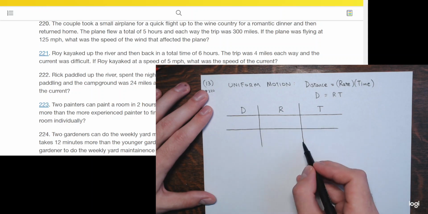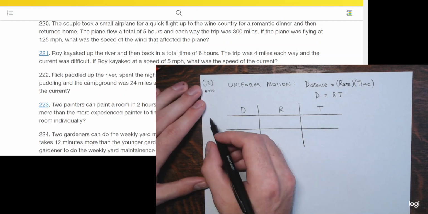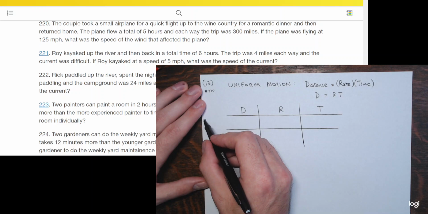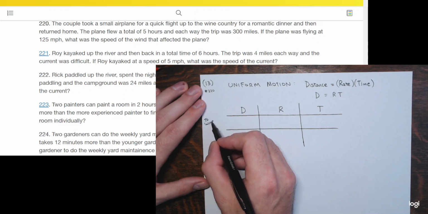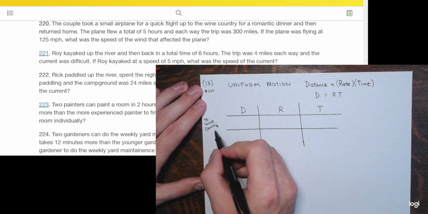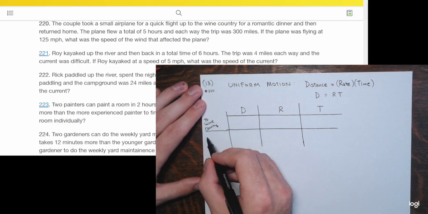And we have 2 trips. Now, there's a trip to wine country, and then the trip back home.